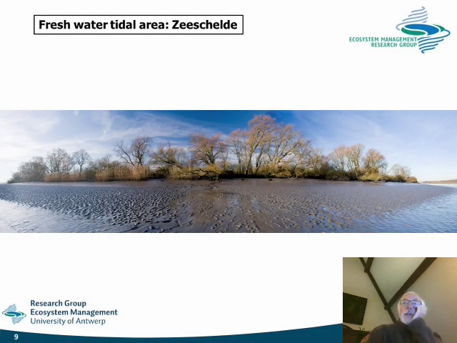This also is an example of such a freshwater tidal marsh, which is in fact on a European scale a very rare habitat, because most of the freshwater parts of the estuaries have been destroyed either by complete dike building or by the construction of sluices or weirs which were blocking the tides.